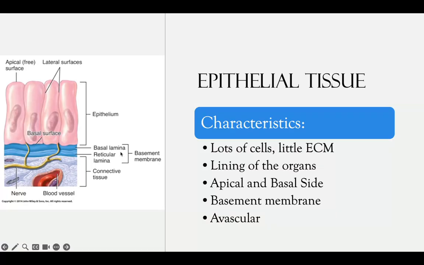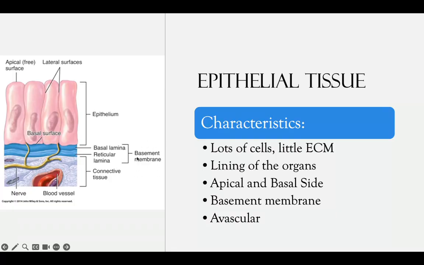Now, there are two portions of the basement membrane. I'm not interested in you being able to talk to me about them. I just am interested in you understanding the general sense of what the basement membrane is. It's essentially just used to attach, or anchor, the epithelial tissue to underlying connective tissue. Okay, it's just an anchor.